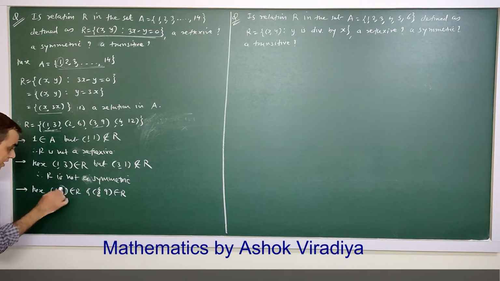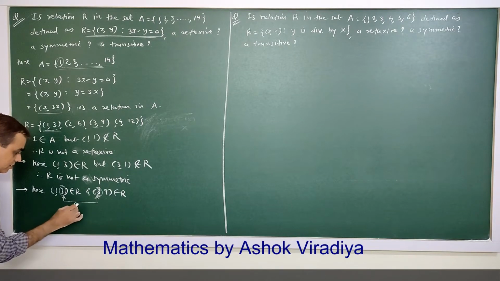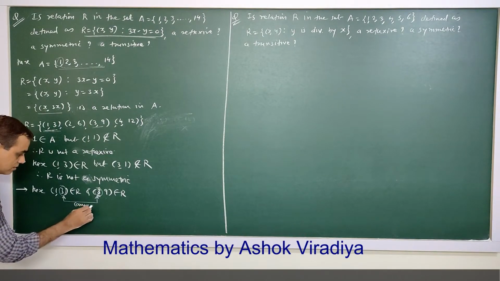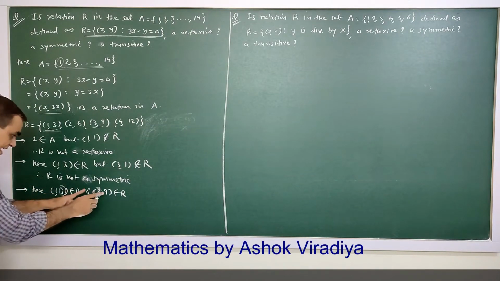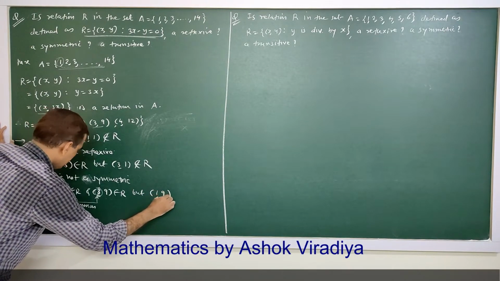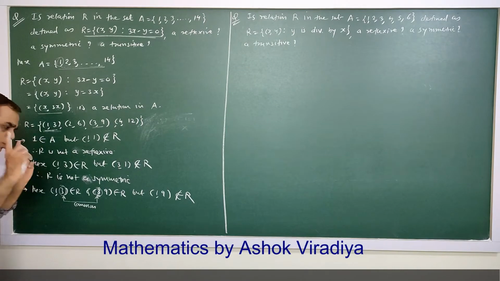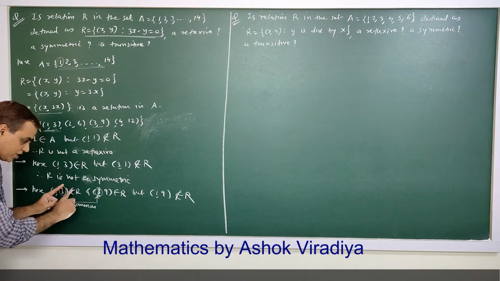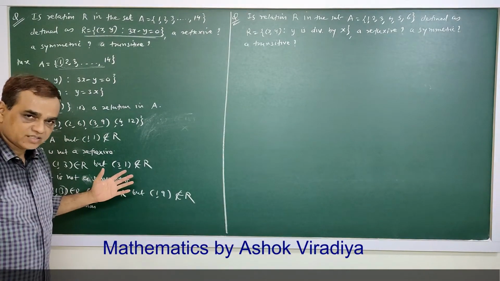See, this element is common. Now check for 1 9. Does 1 9 belong to R? No. AB is in R and BC is in R, but AC does not belong to R. If you find at least one pair of such elements, then don't check for others.